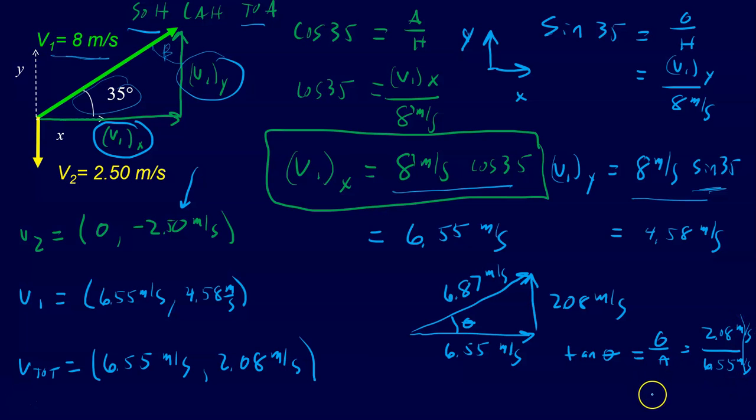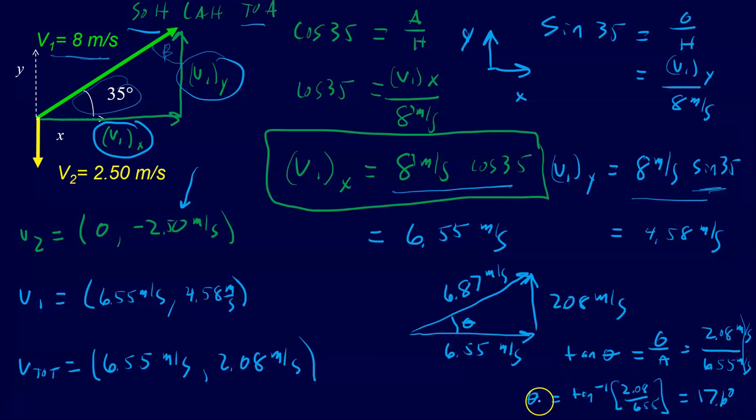Again, the meters per second cancel. And I do my fancy arc tangent. So I would take the tangent -1, or arc tangent, depending on what your calculator says, of 2.08 divided by 6.55. When I did that, I got an angle of about 17.6 degrees.